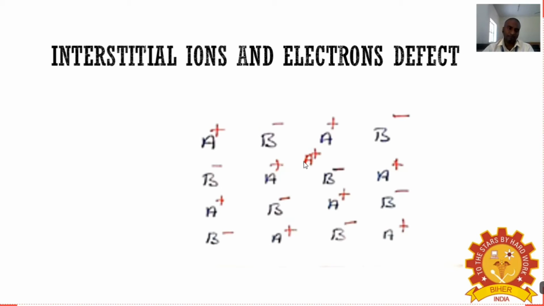This type of crystal defect is called interstitial ion or electrons defect, because when we count the cations and the anions, the anion count will reduce. Due to that, electron deficiency occurred due to excess of metal ion, because the size is very small compared to anions. The size of metal is smaller than anion. That's why they can easily be placed in interstitial sites. This type of crystal is called interstitial ions defect or electrons defect.